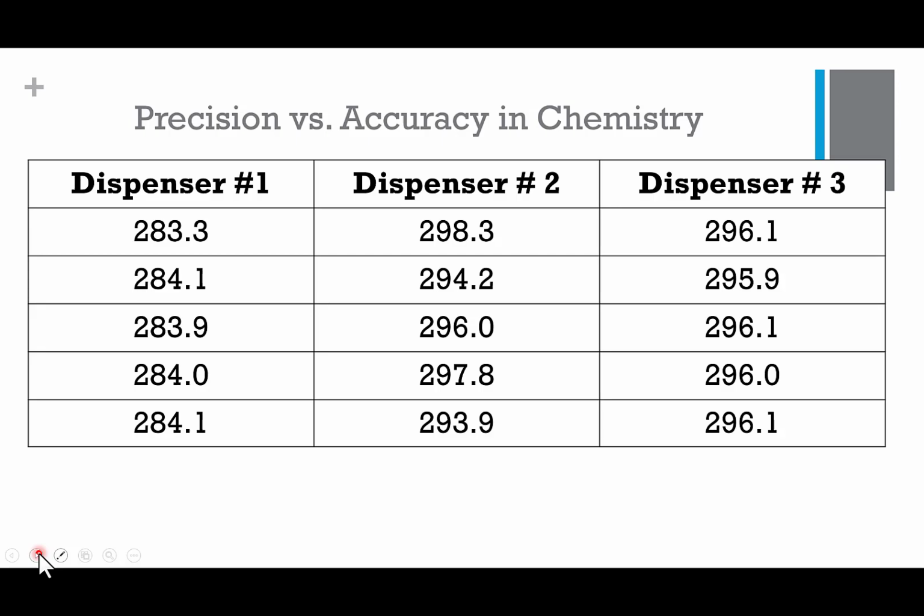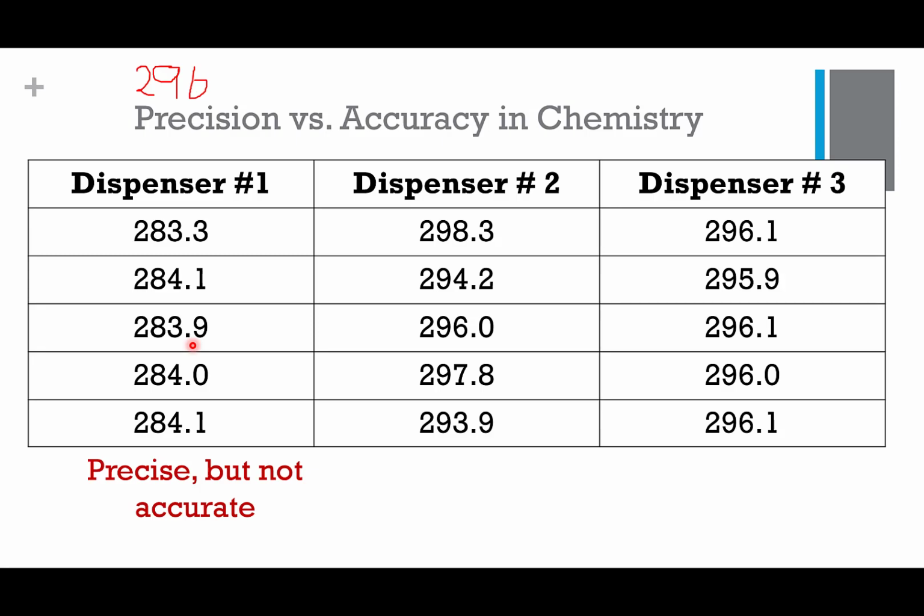The problem is I know what value was supposed to be dispensed, and it is not anywhere near those numbers. The dispenser was supposed to do 296 milliliters. If we look at these values, they're not really near that 296. So dispenser 1 is precise, not necessarily accurate. We were able to reproduce our results over and over again, but we did not hit the bullseye.